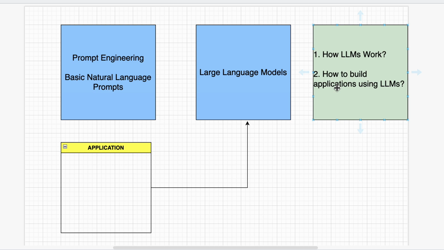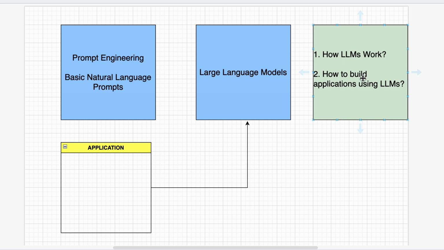I just want to give you a quick taste of things. When it comes to building applications using LLMs, you actually don't need to have a degree in machine learning. It's pretty straightforward, to put it in a blunt way.